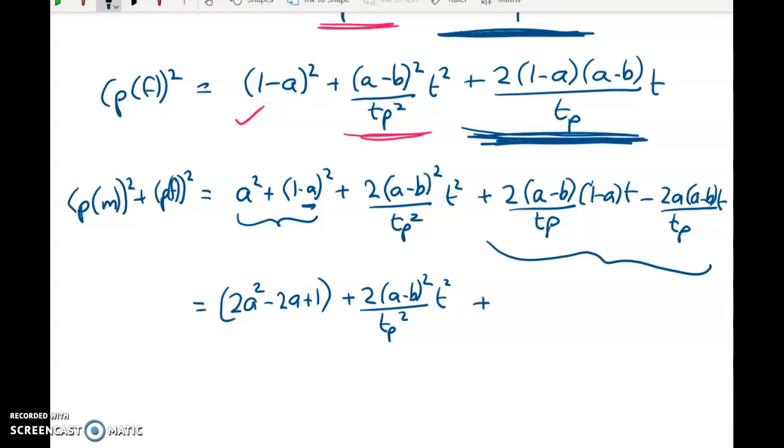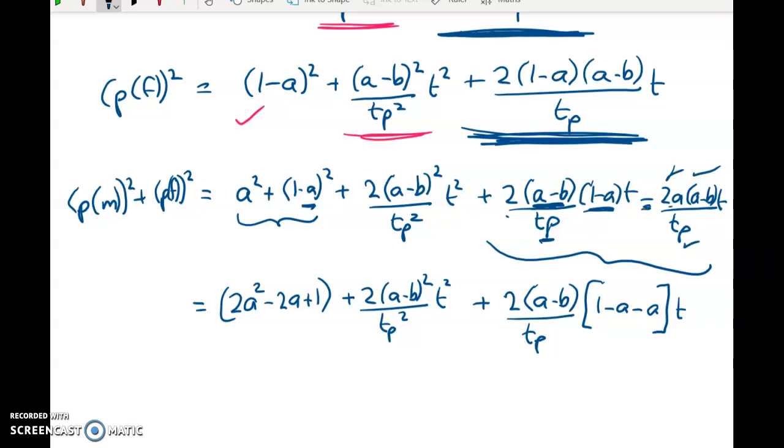So we're going to have plus 2 times (a minus b) over TP, into (1 minus a minus a times t). Right, now we're going to check that we haven't mucked that up. We've got 2 times (a minus b) over TP, times (1 minus at). And here we've got 2 times (a minus b) over TP, minus the a.